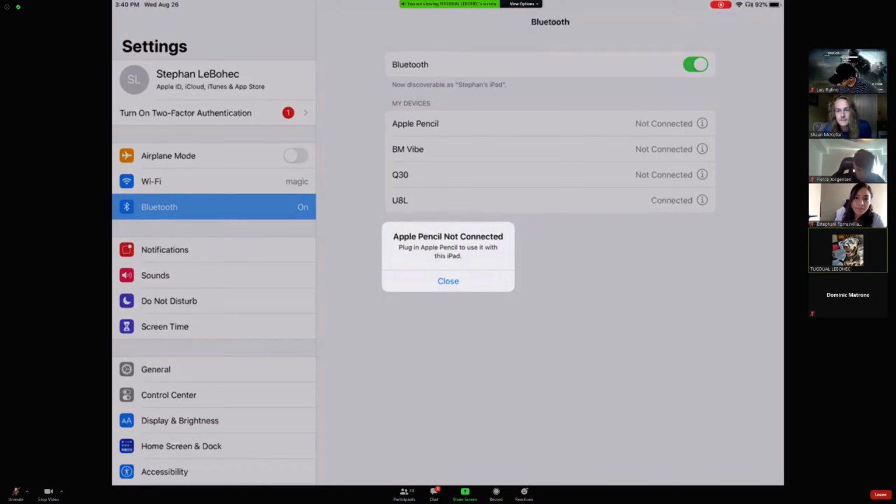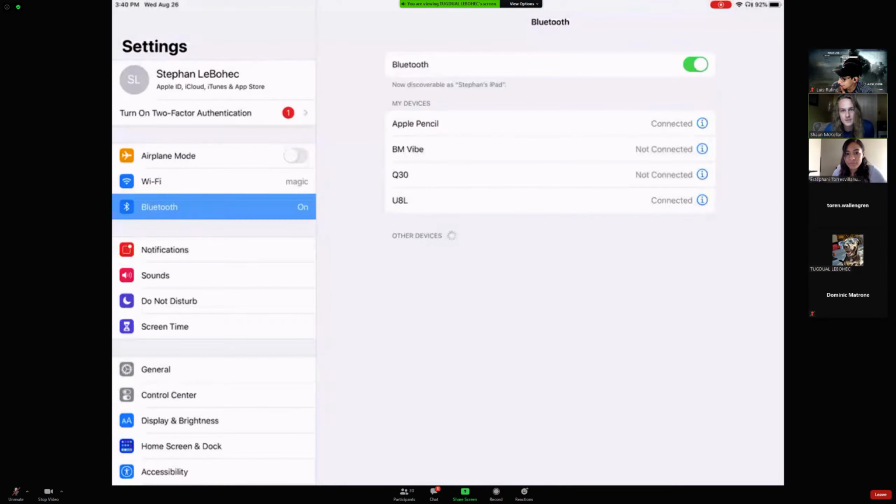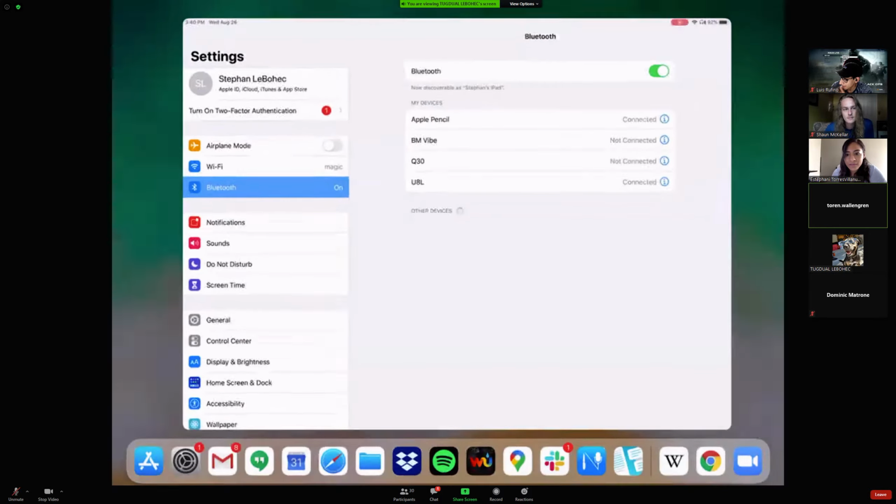If this doesn't work, I was reading on the internet, what you want to do is forget the connection and then reconnect the pen. It says it's connected right there, right?